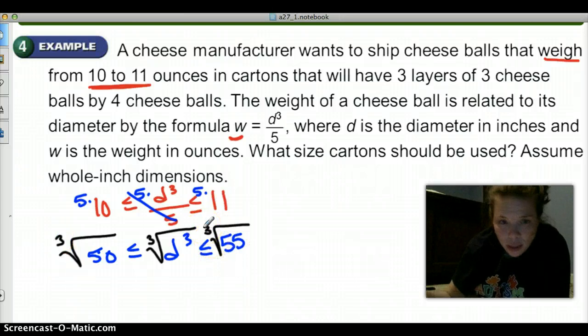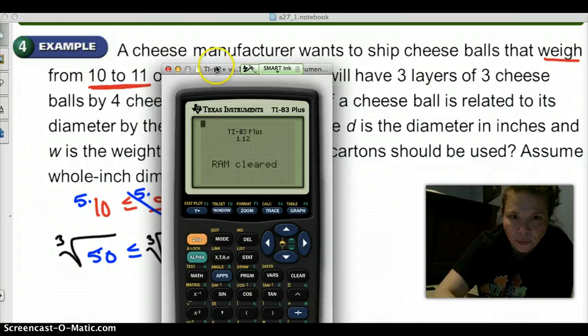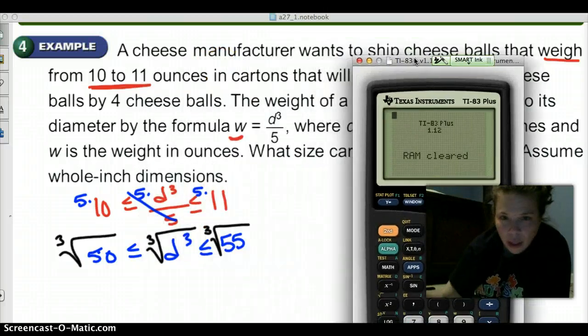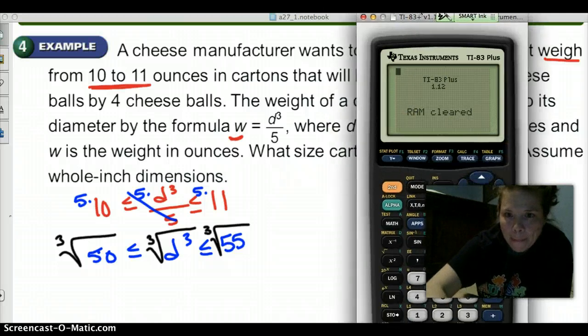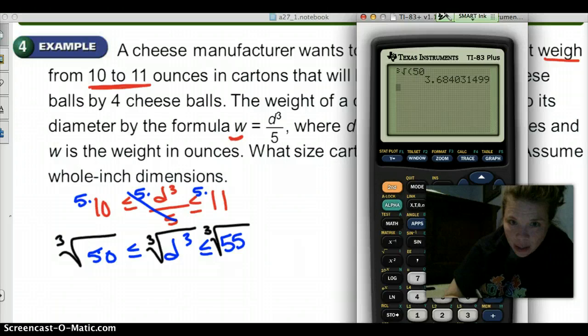I do not know what those numbers are off the top of my head, so let's go ahead and bring the calculator up. And we have, go to math, is number 4, cubic root of 50 is 3.68. Right.